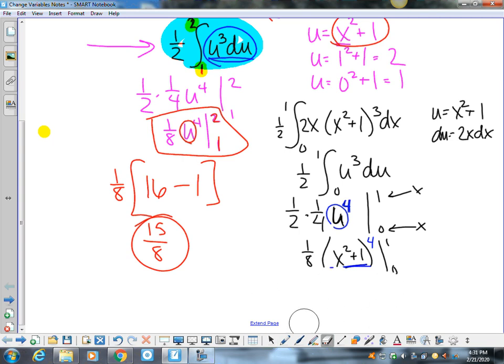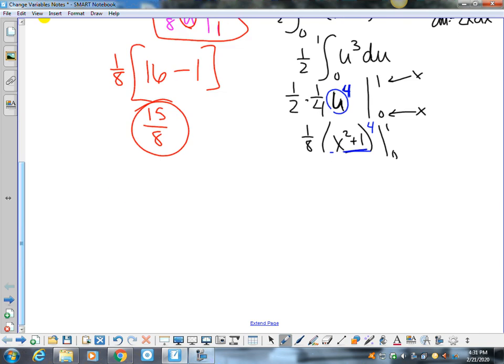Okay, so let's try this part again. So I've got 1/8. Okay, now I'm going to plug the 1 in. So 1 squared is 1, plus 1 is 2. And then I've got 2 to the 4th, which is 16. Minus.